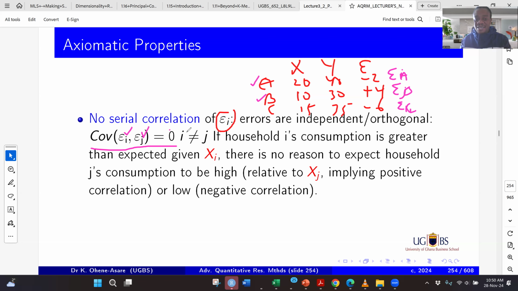And I, that is the error of the first observation, should not be related. It's not the same as the J. So these are completely different companies, or completely different households, or completely different organizations, or completely different countries. Let's take, for example, a household I that has a consumption. Let's say these guys are living in Choco, Mani or somewhere, and their consumption is maybe 20 cedis a day.